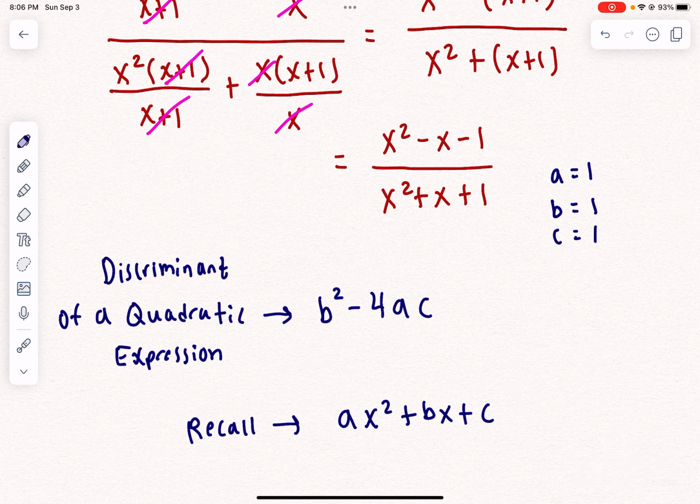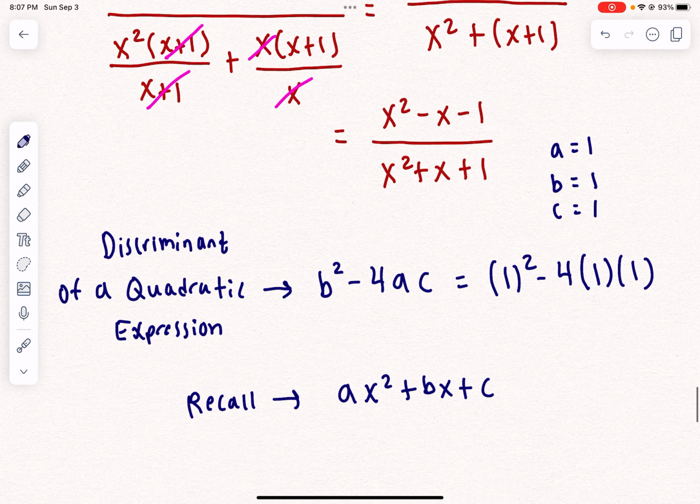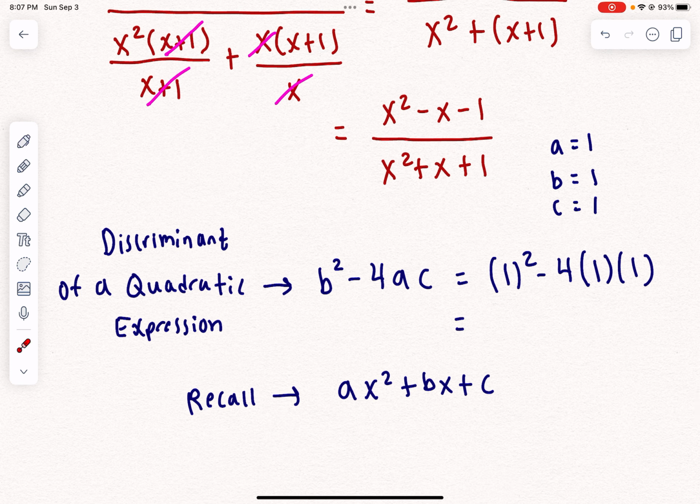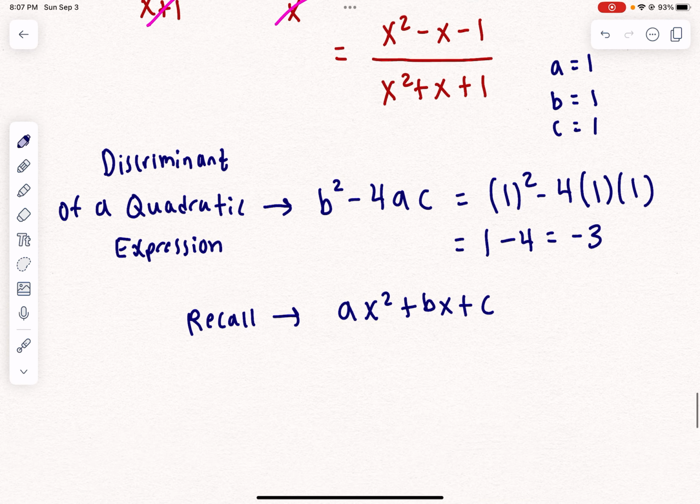If we plug these coefficients into our discriminant, you'll get 1 squared minus 4 times 1 times 1, which is 1 minus 4, which equals negative 3. What you want to look for is whether your discriminant is greater than 0, equal to 0, or less than 0.